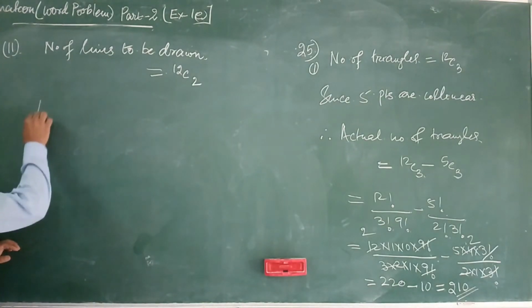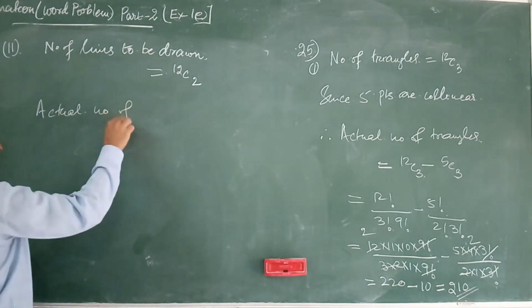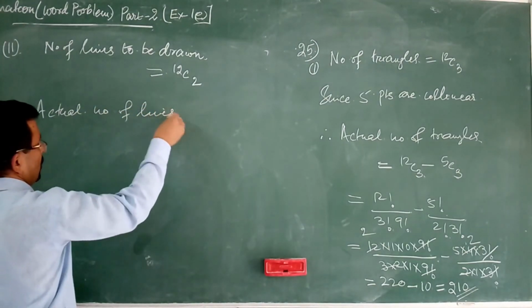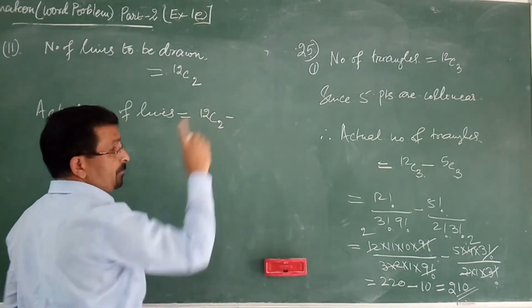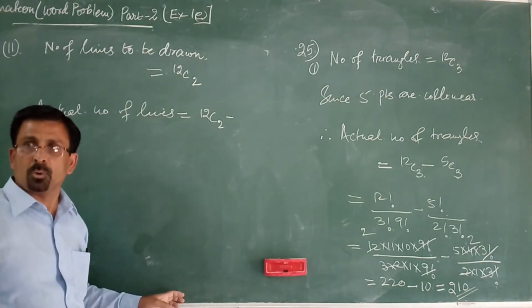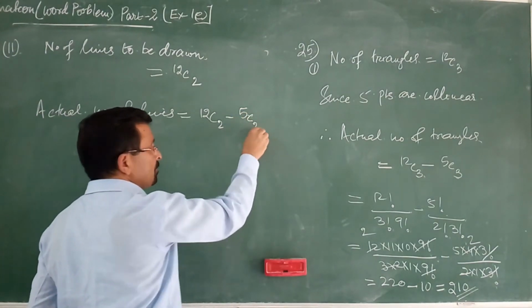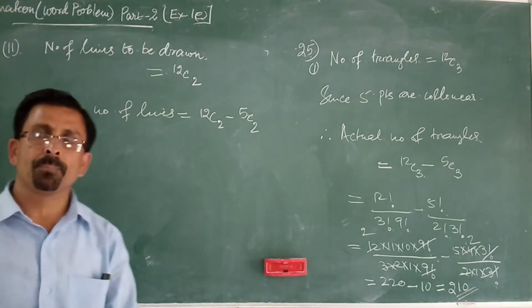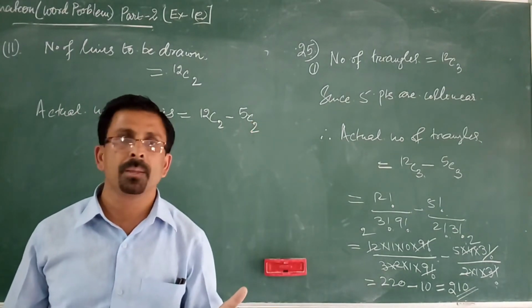Therefore the actual number of lines will be equal to 12C2 minus, because 5 of the points are collinear, the number of lines obtained from this is 5C2.